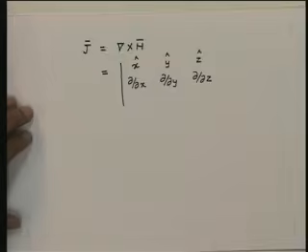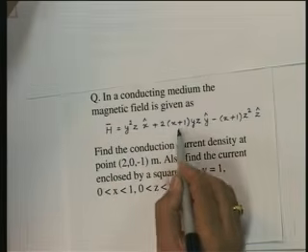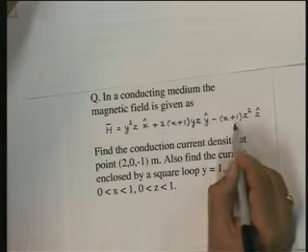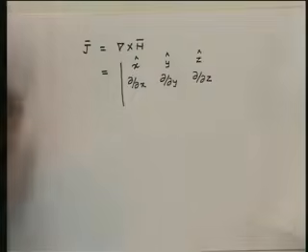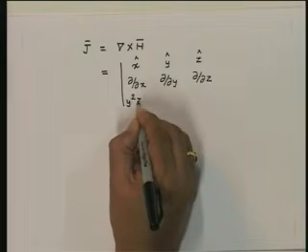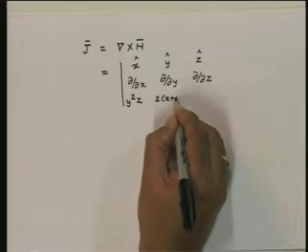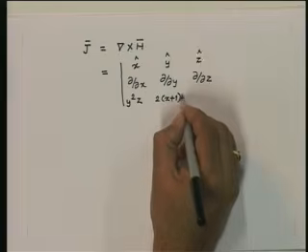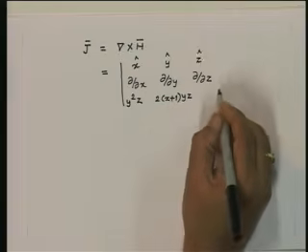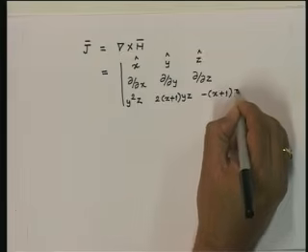And if I write down the components of the magnetic field which are given here, which is y square z, 2 into (x plus 1) y z, minus (x plus 1) z square.